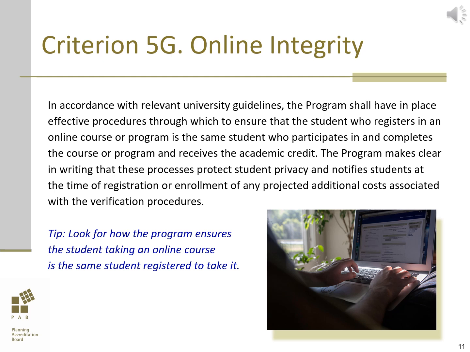If a program is offering online courses or uses distance learning as a modality of instruction, the program must have a way to verify that the student who registers for the course is in fact the student who participates in and completes the course. Online course offerings may require additional costs for students, so these cost estimates must be provided to the student in writing in advance of enrollment.